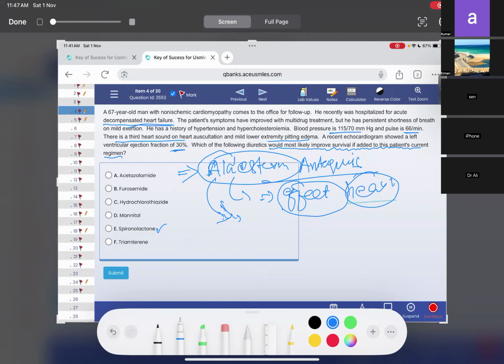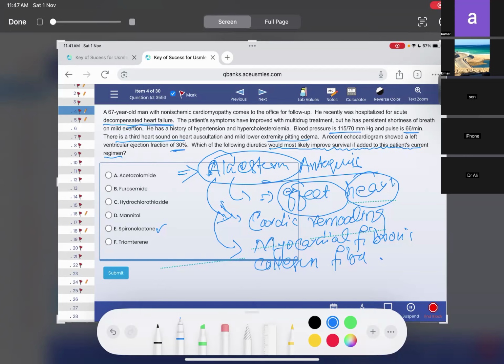Aldosterone, number one, causes cardiac remodeling. Number two is myocardial fibrosis by deposition of collagen fibers.